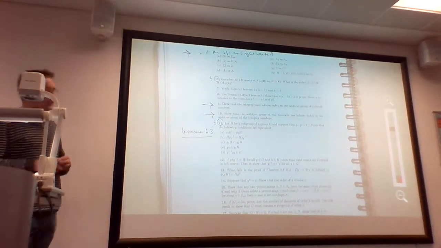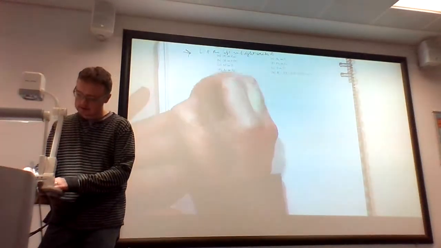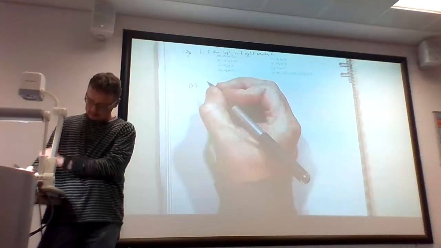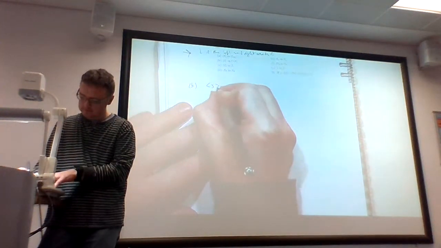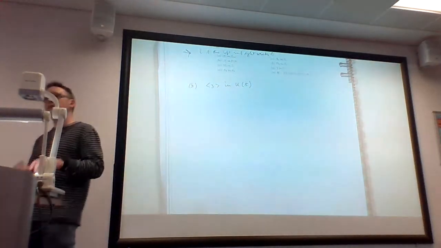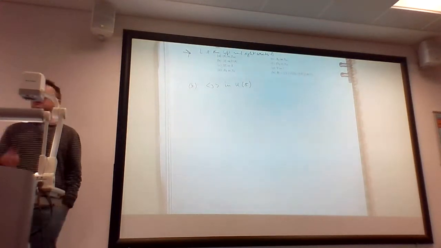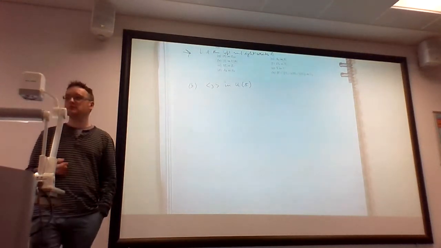So 3 in U8. U8, remember, is Judson's notation for the group of units modulo 8 under multiplication.